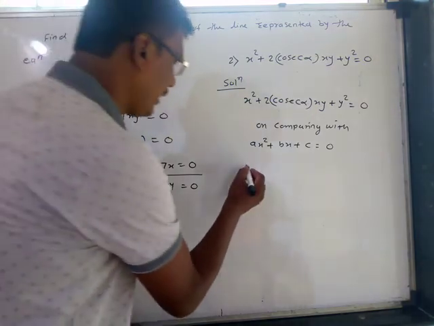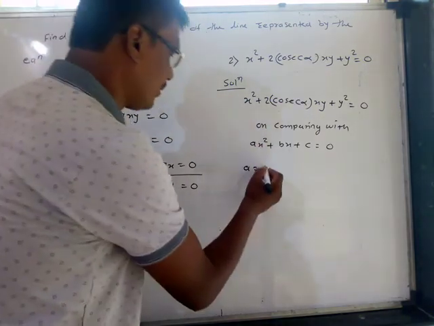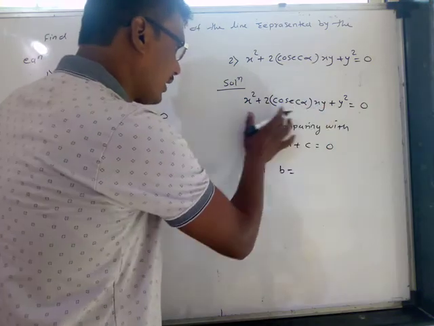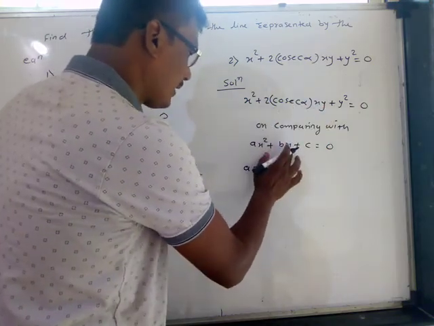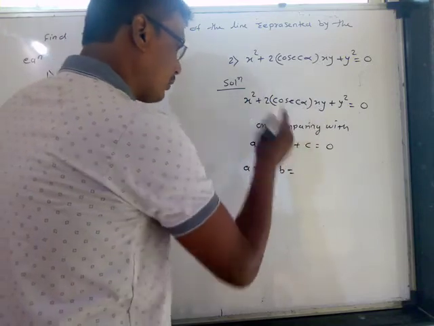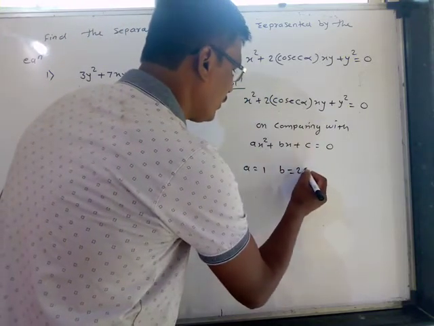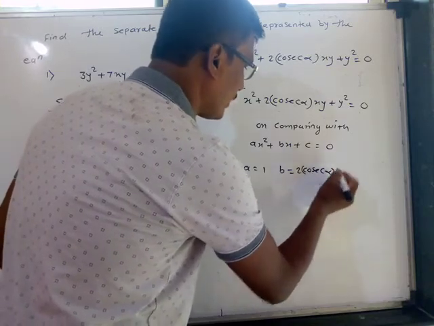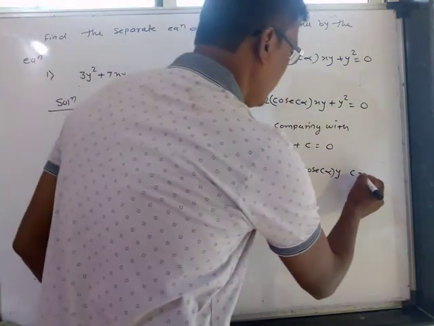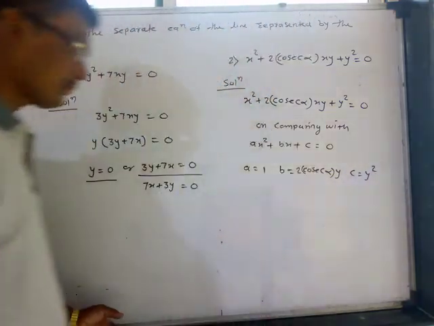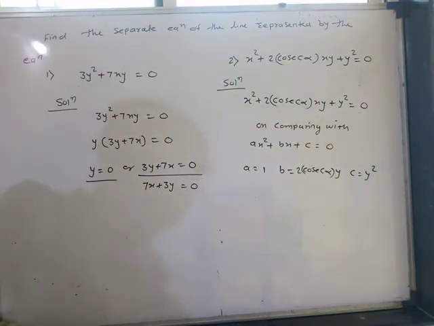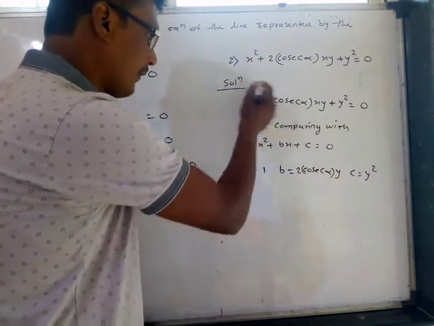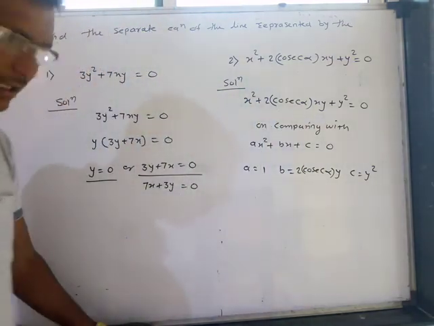So a is equal to 1, b is the coefficient of x, so b is 2 into cosec alpha into y, and c is equal to y square.